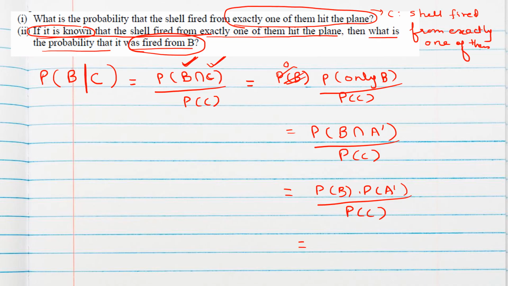P of B is 0.2, given. P of A complement we have got already, that is 0.7. P of C from question 1 is 0.38. So 0.14 by 0.38 will be 14 by 38. Further we can simplify to 7 by 19. So here is the case study. I hope you understood. Thank you.